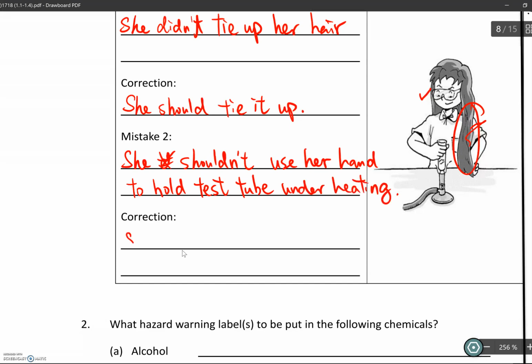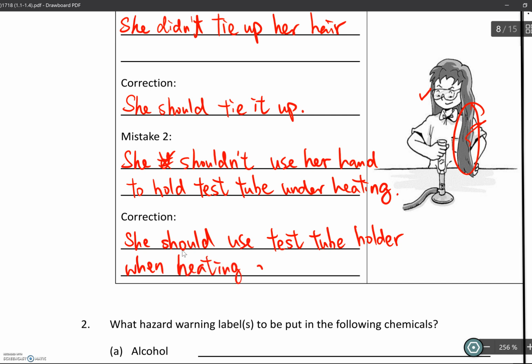So what should she use? She should use a test tube holder when heating a test tube.